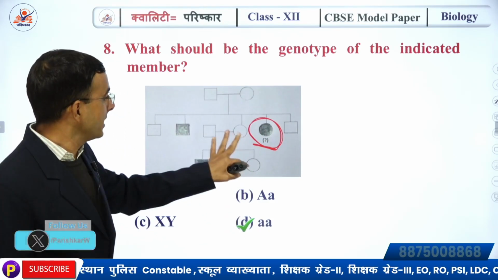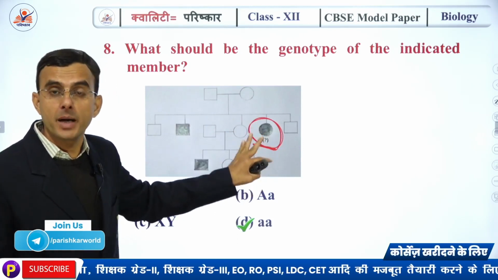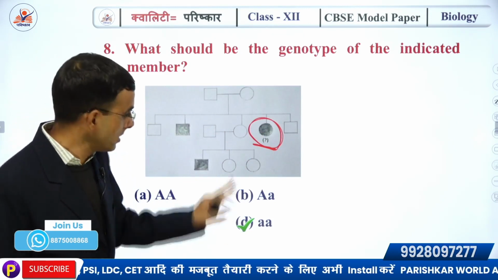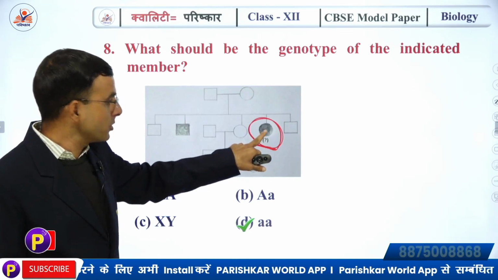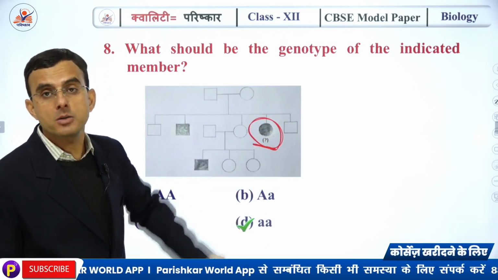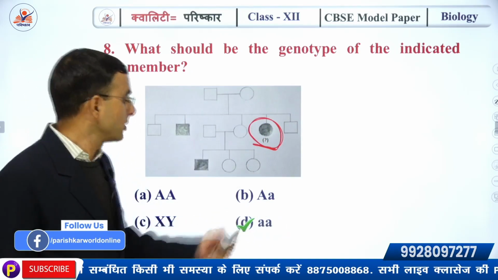In pedigree analysis there are a huge number of questions, but this is a simple one: the homozygous recessive character is expressed, and that is because of the homozygous condition.